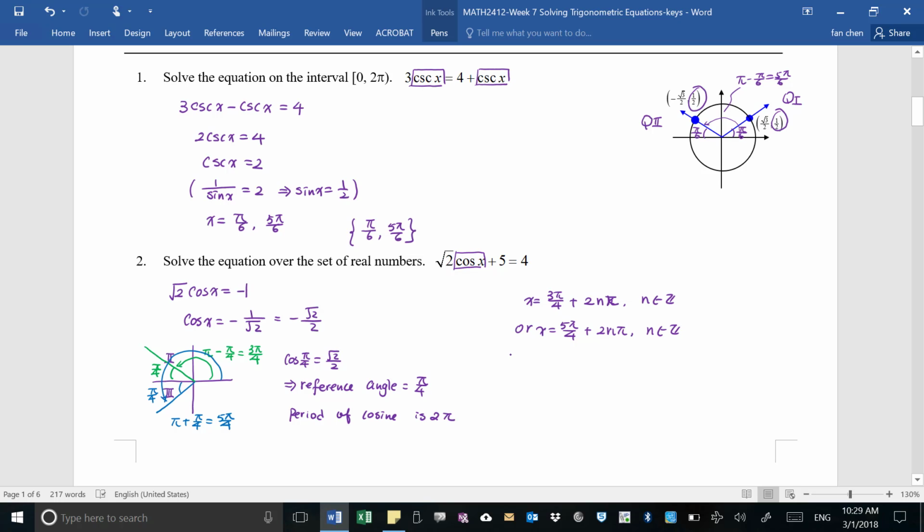Okay, so to write it in set notation: x such that x equals 3pi/4 plus 2n pi, and x equals 5pi/4 plus 2n pi, where n is any integer. So that is the equation, what it looks like.